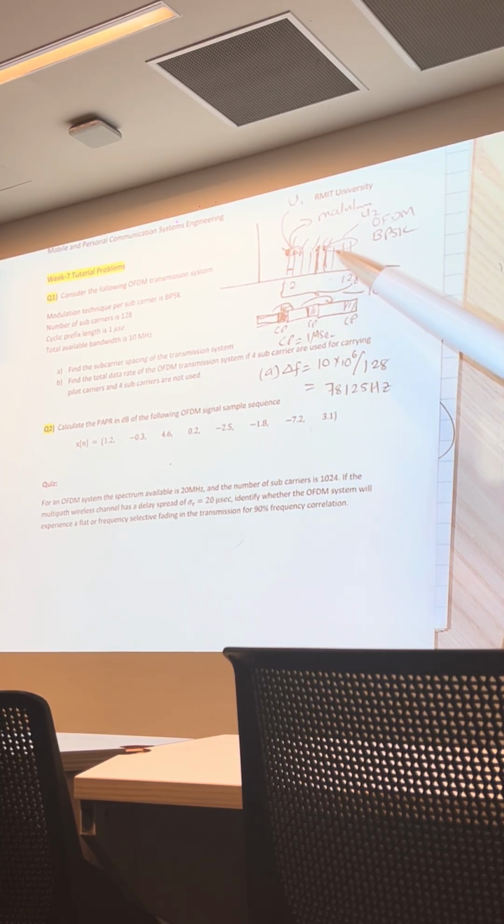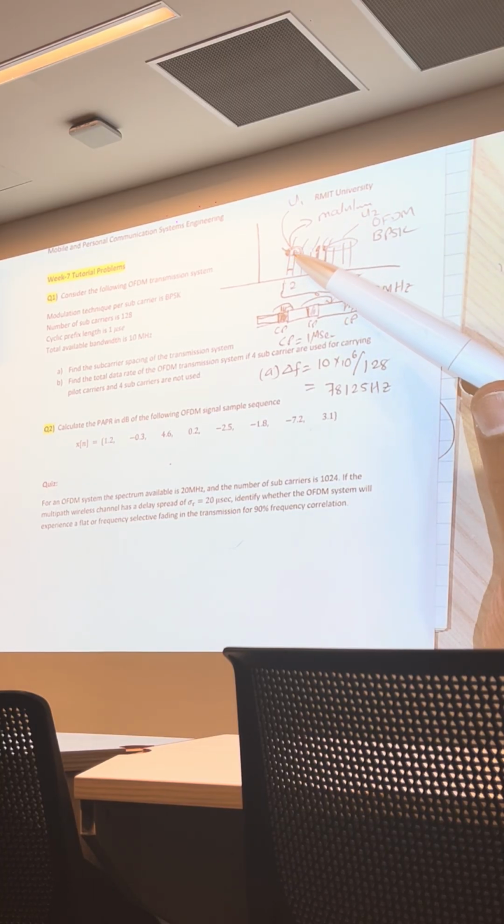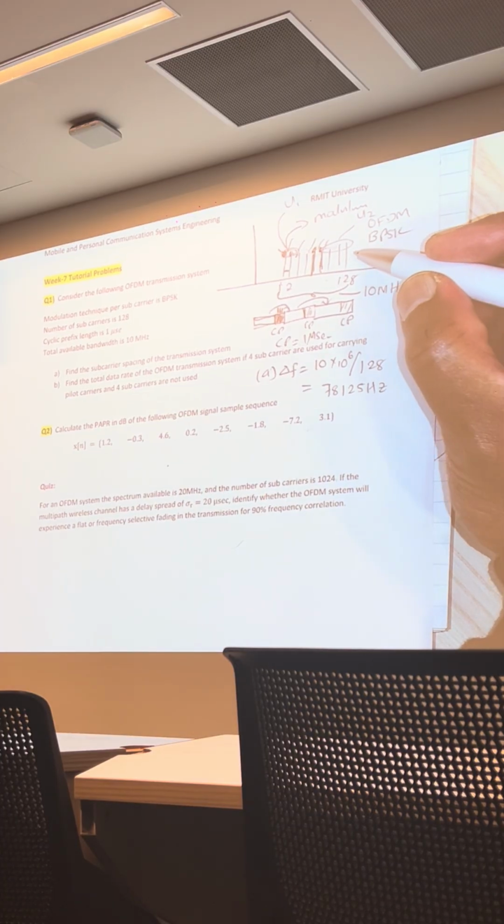So only 120 subcarriers are used for data transmission. So you need to calculate per subcarrier what the data rate is, and then multiply that by 120, so that you will get the total transmission rate of this OFDM system. Okay. So how do we calculate the data rate per subcarrier?